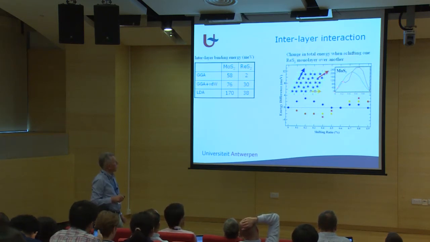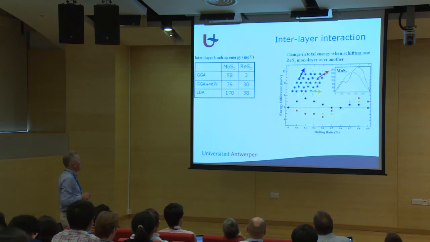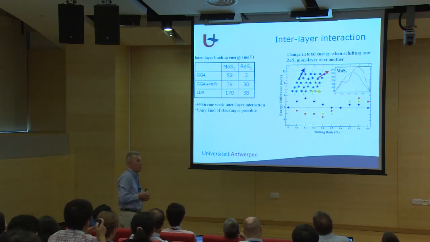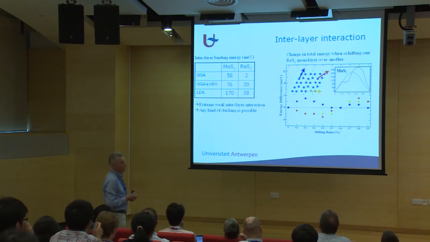If you move it in the A or the B direction, of course it's the same because they are equivalent, and along the diagonal, that's like this here. So that's another indication that the interlayer interaction is really weak here. And that also means that if you stack them on top of each other, you will find many different possible stackings. Okay?